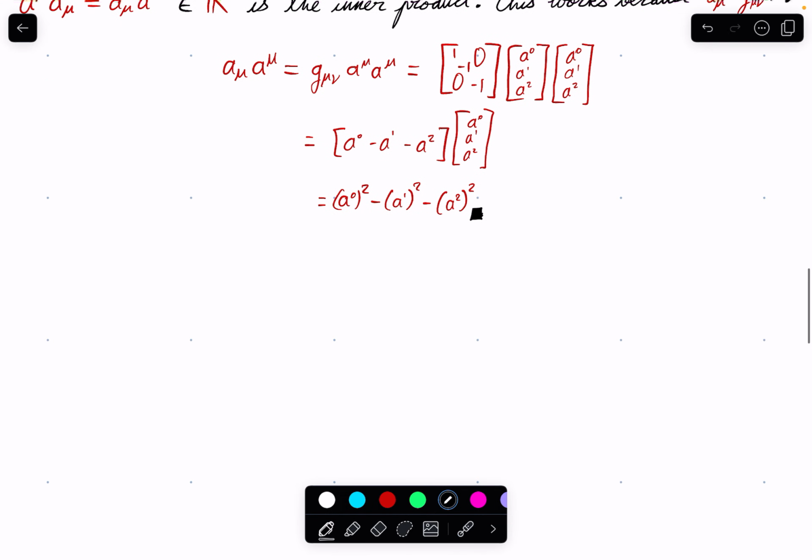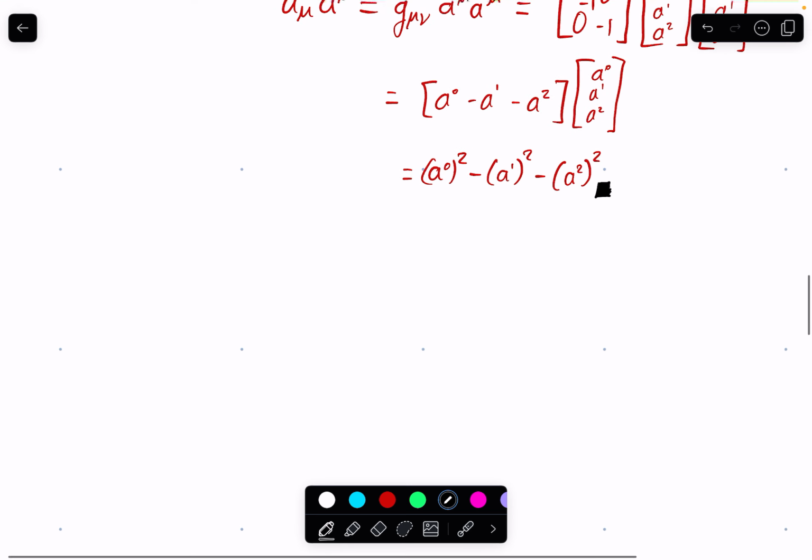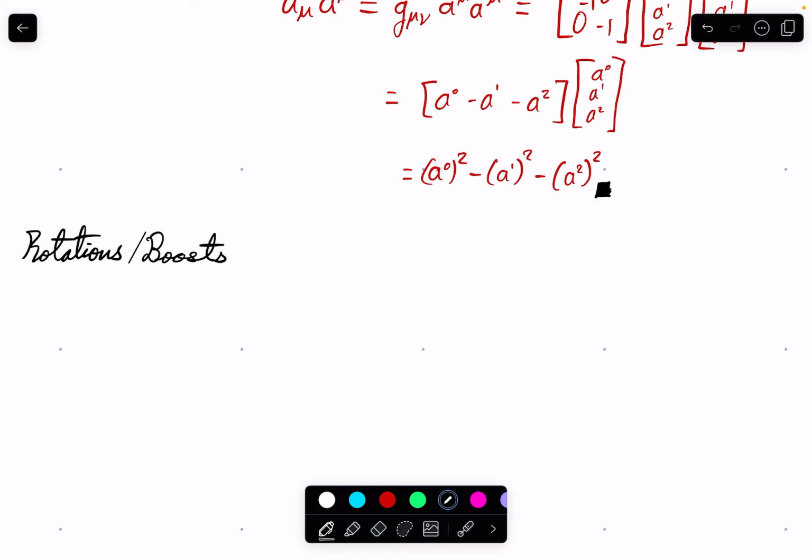Now, you can also perform rotations and boosts on vectors.